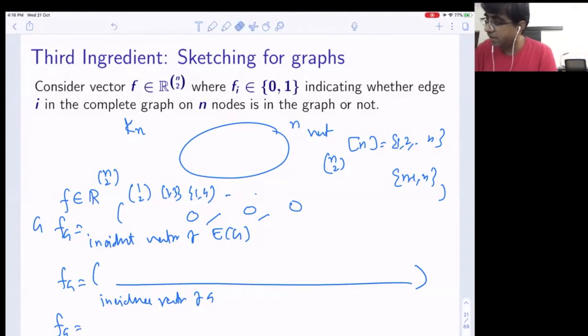Since we are using the vertex set 1 to n, more or less I would like to think of this as F1, F2, ..., Fn.